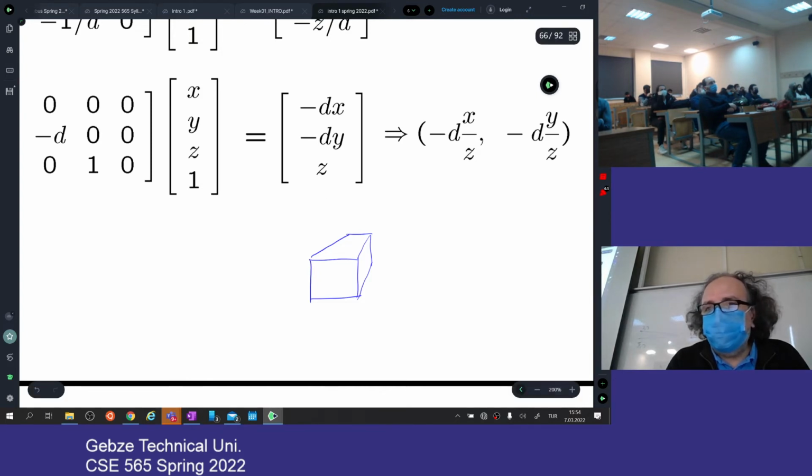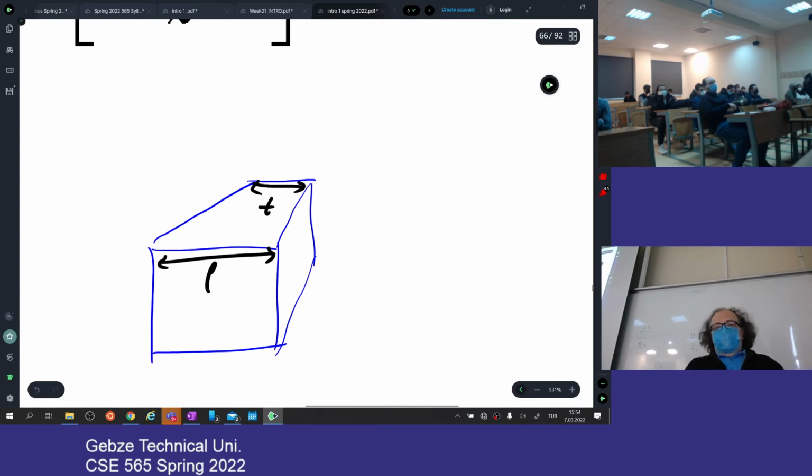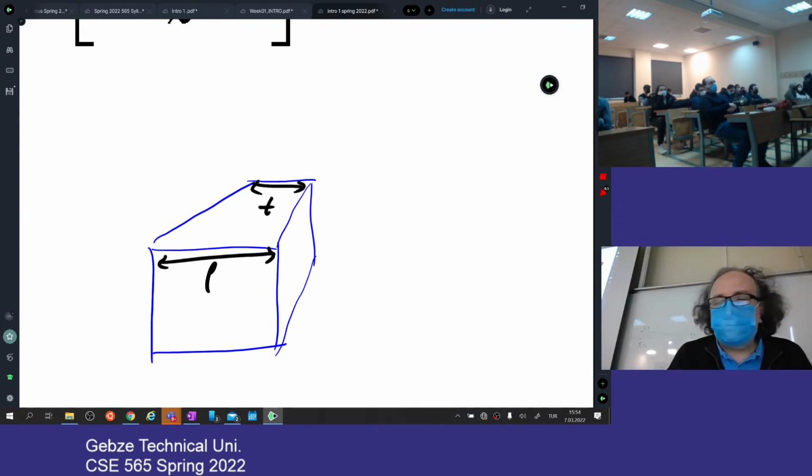I know that this length L and this length L are the same, but if I project this cube onto my image plane, this is an L, not T.